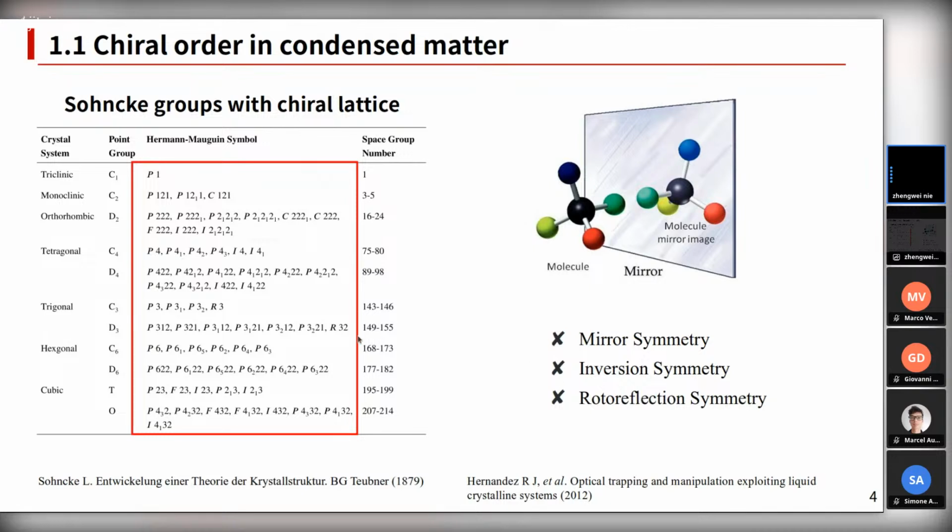In this group, this is chiral. You mean the relation between the chiral order and the atomic coordinate?